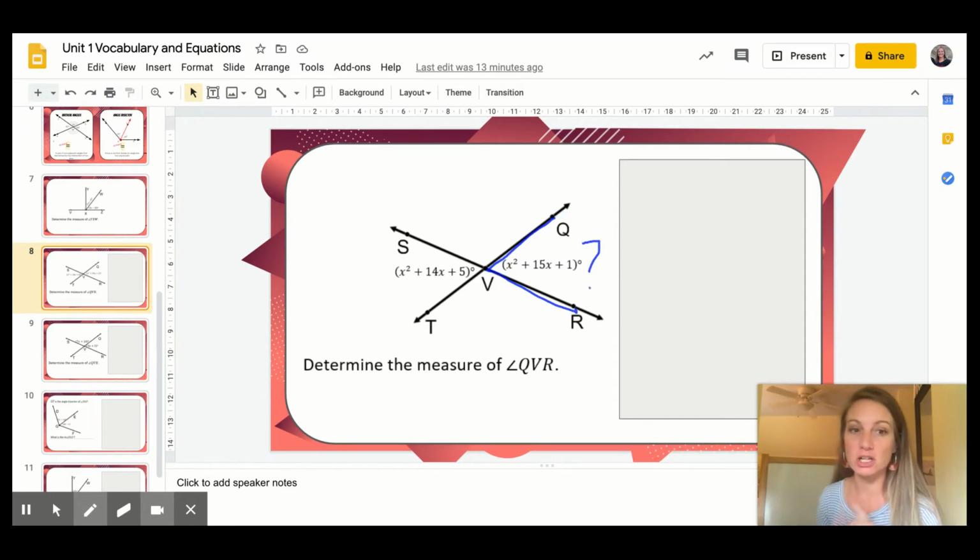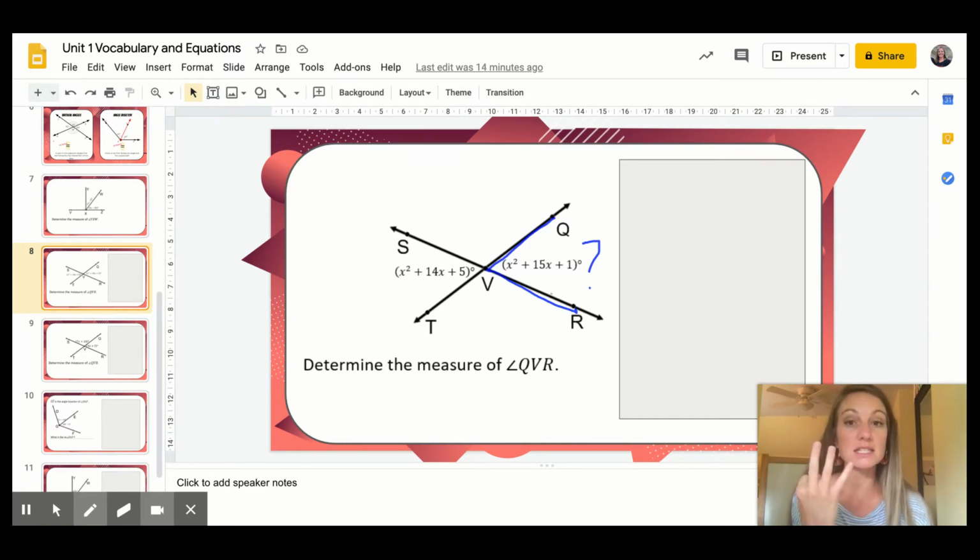What is the measure of it? So before we do that, we need to figure out what X is. And in order to figure out what X is, we need to create an equation. So equations for angles right now that you know, they're either adding up to 90, they're adding up to 180, or they're equal to each other. Those are your three choices.